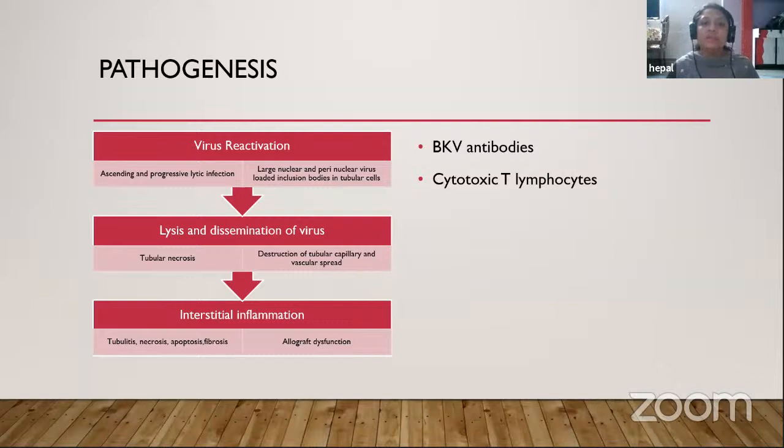So there is tubulitis, necrosis, apoptosis, fibrosis, and allograft dysfunction. BKV antibodies are there, but they are not found to be protective, so they don't have any clinical significance. What is important is the cytotoxic T lymphocytes, which act to destroy the BKV.